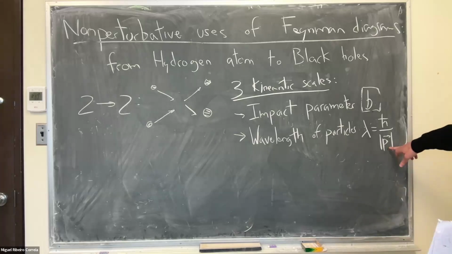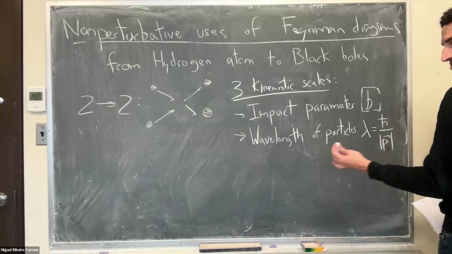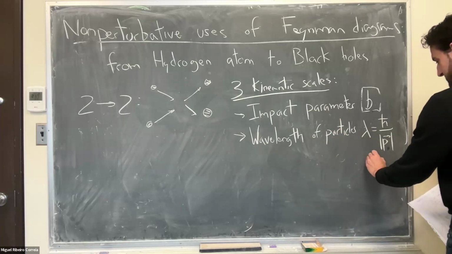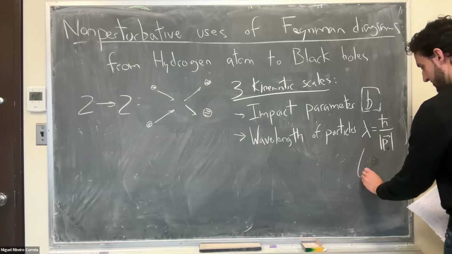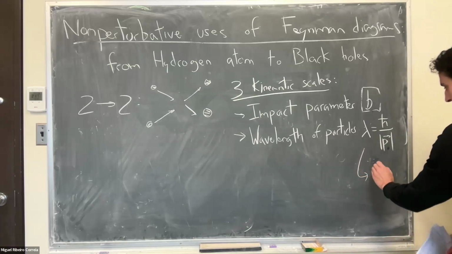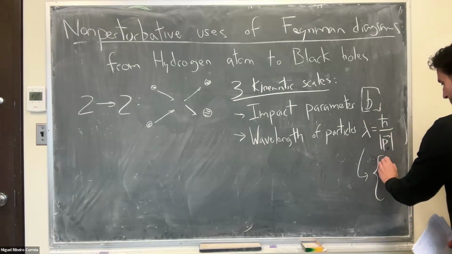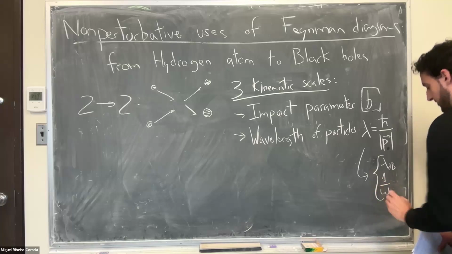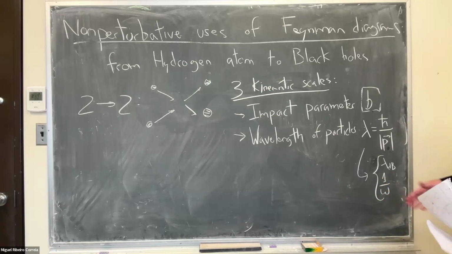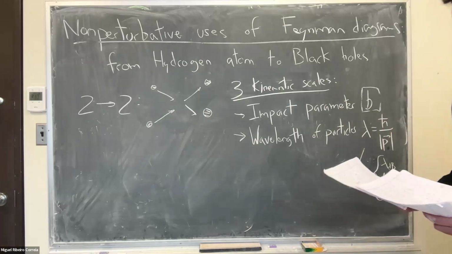If the particle is massless, then p is h bar times some frequency omega. So lambda has two possibilities: the de Broglie wavelength if the particles are massive, or just the wavelength of a classical wave if the particle is massless.